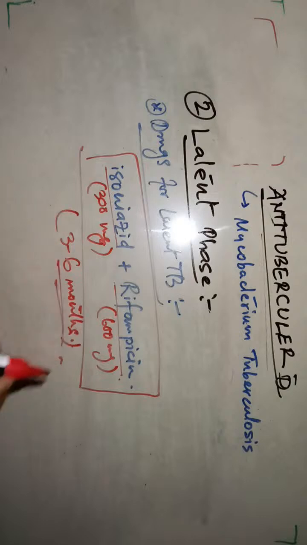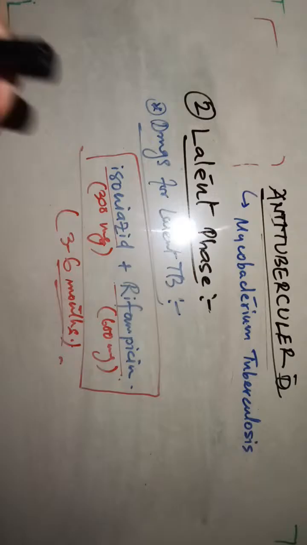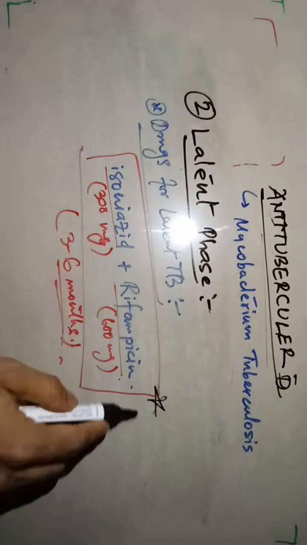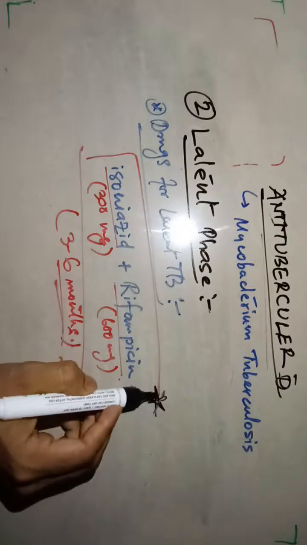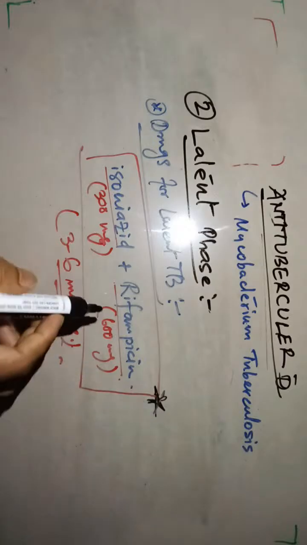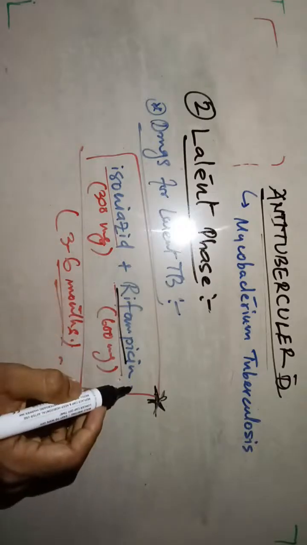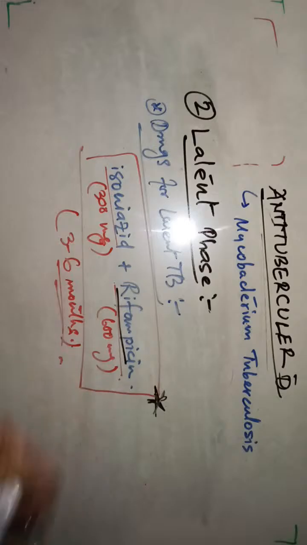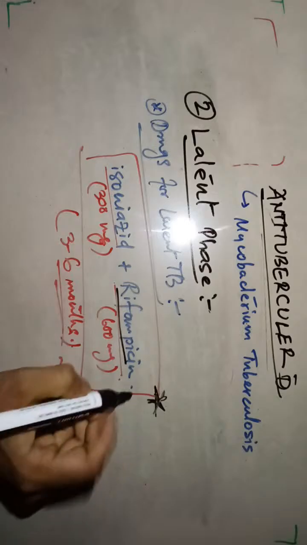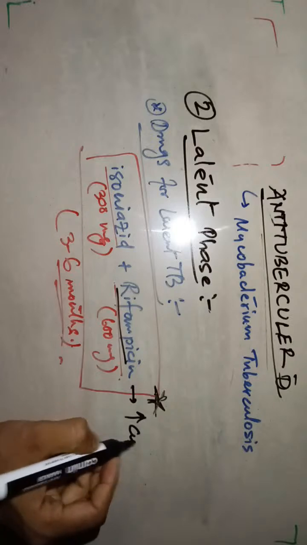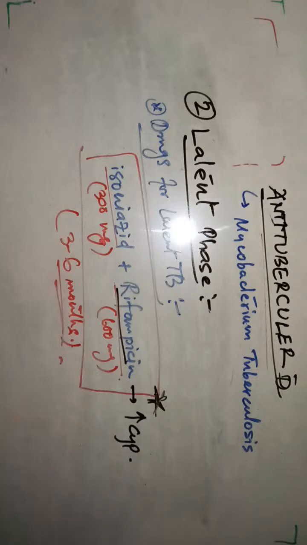Next we are proceeding towards the infectious phase or active tuberculosis phase, that is the third phase. This is the medication you have to remember. It's very important in the case of the latent phase. In the latent phase, rifampicin is a CYP enhancer, so it will increase the CYP enzyme activity.